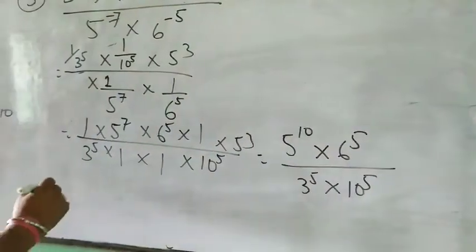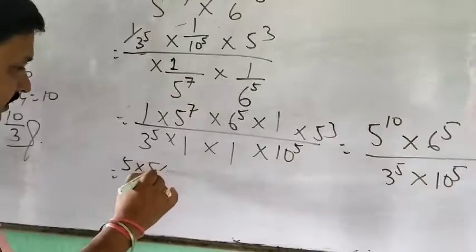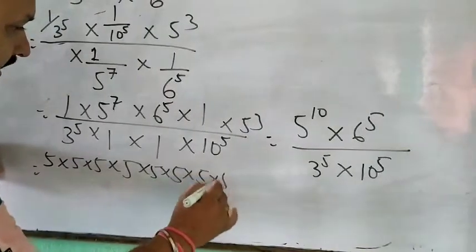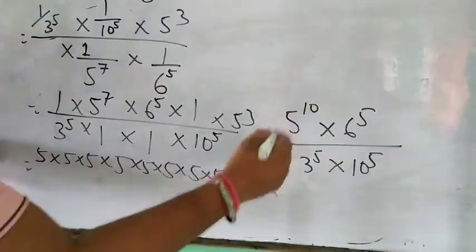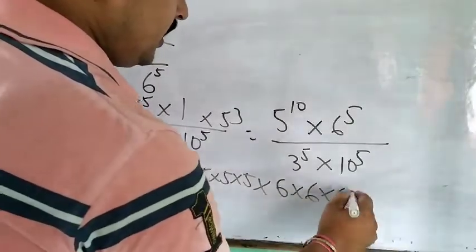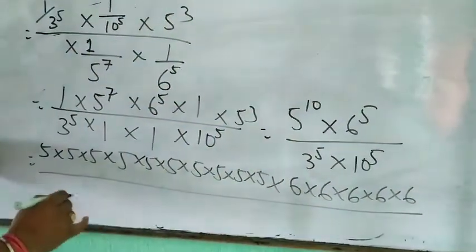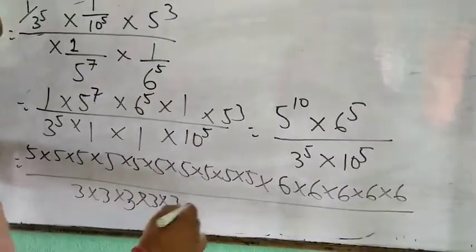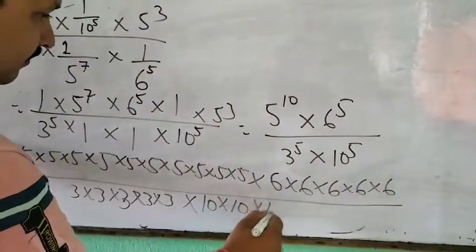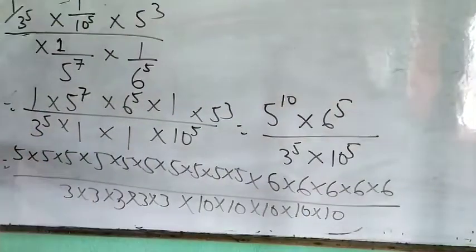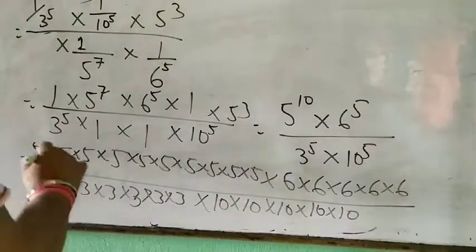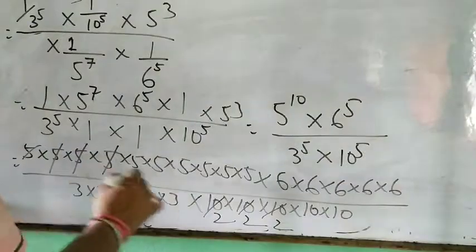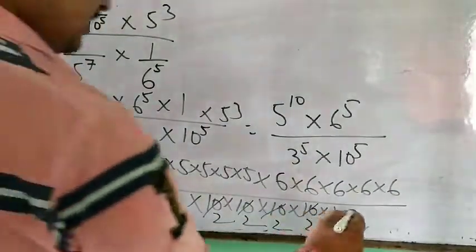Now it should be written like 5 into 5 into 5 into 5, 10 times, into 6 to the power 5, that is 5 times, and 3 to the power 5, 5 times, into 10 to the power 5, 5 times. 5 twos are 10, 5 twos are 10, 5 twos are 10, 5 twos are 10, 5 twos are 10.